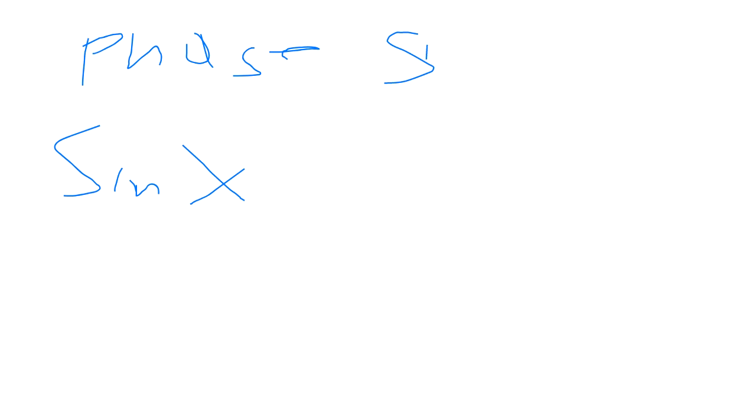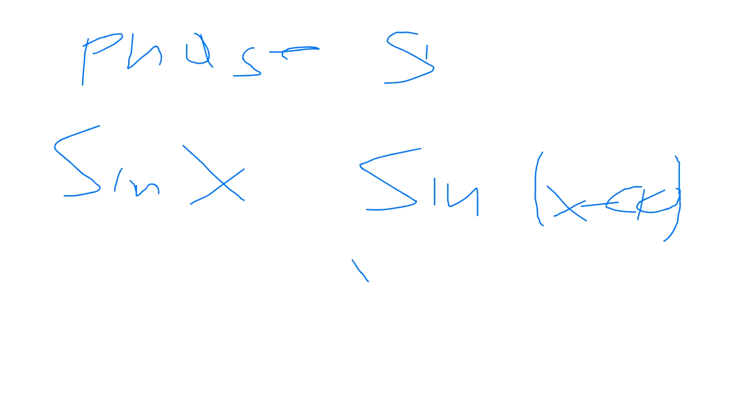So if I have sine (x minus 90), you know that it means the graph will go to the right by 90 units. With the phase shift, you just pick x minus 90 and equate it to 0.